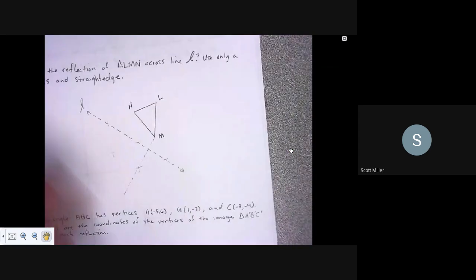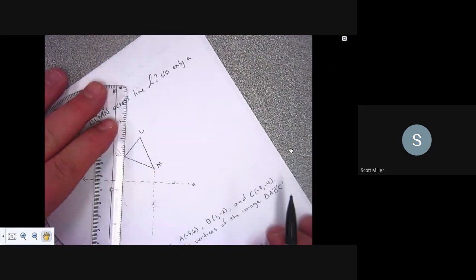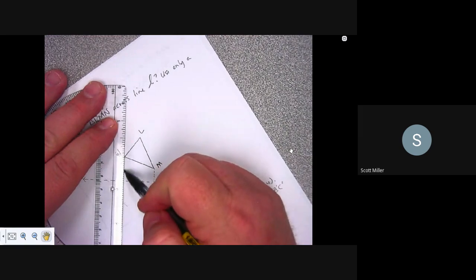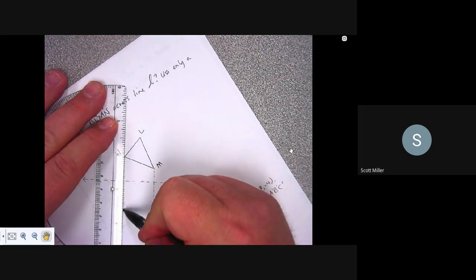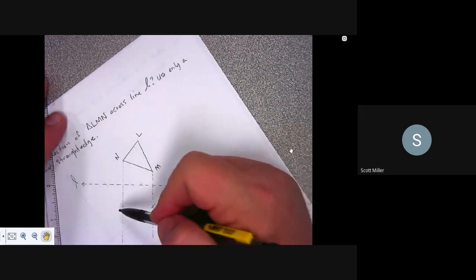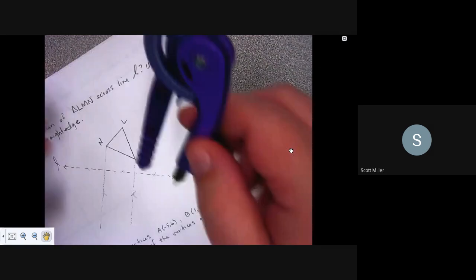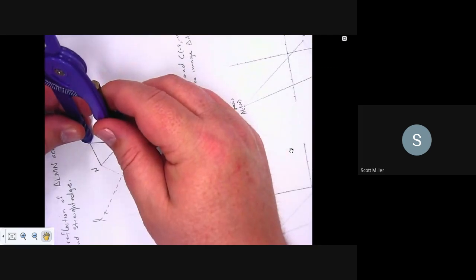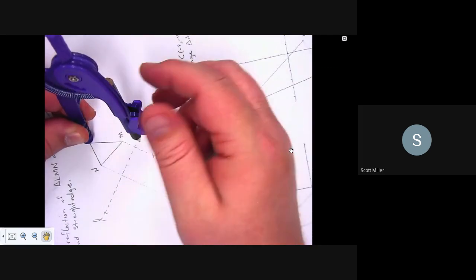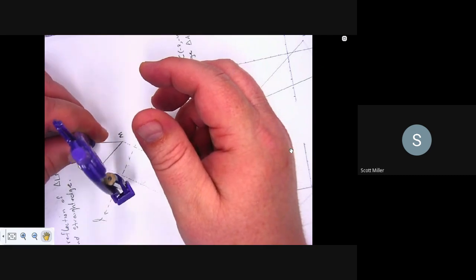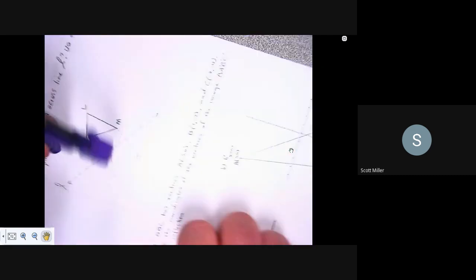And so we'll draw a perpendicular for N. So somewhere on that line is going to be N prime. And then one more time we'll do it for L. So we need to make sure we can mark points on these lines. And then we come out here and we do it from there.